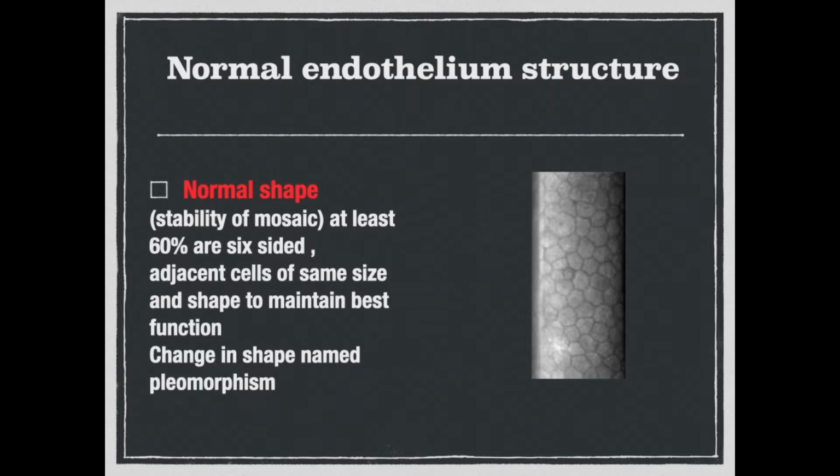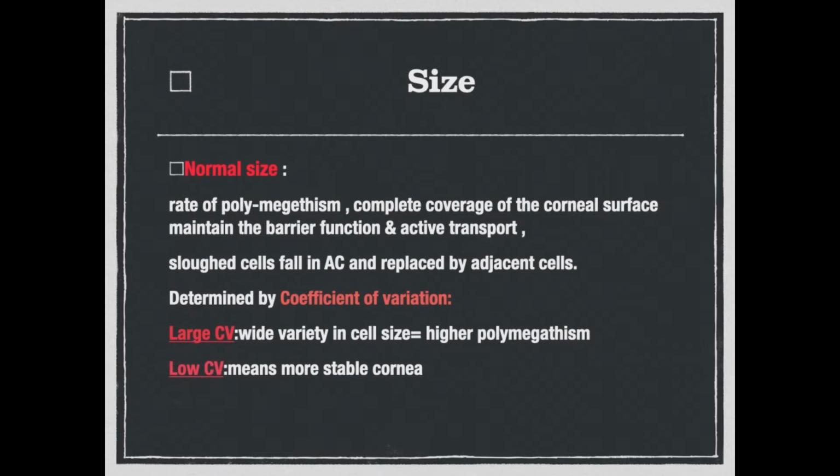The change in the shape is named pleomorphism. Size: the normal size and rate of polymegathism, which aims at complete coverage of the corneal surface to maintain the barrier function and the active transport.